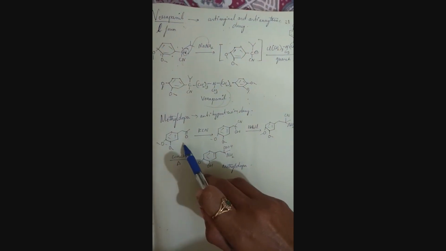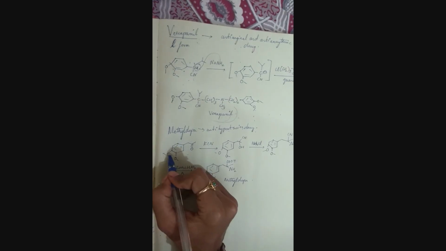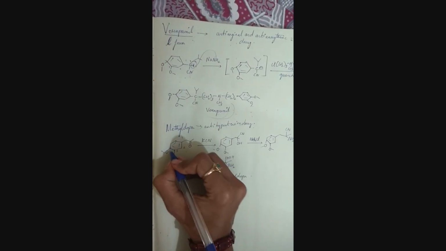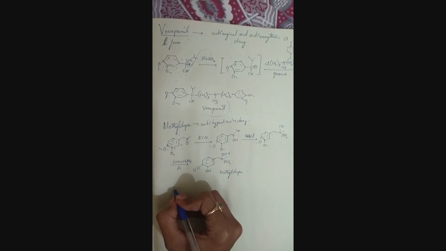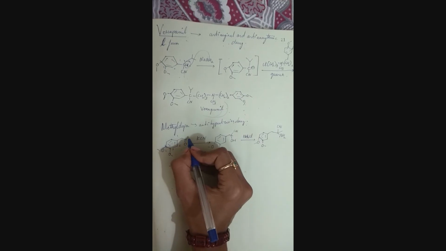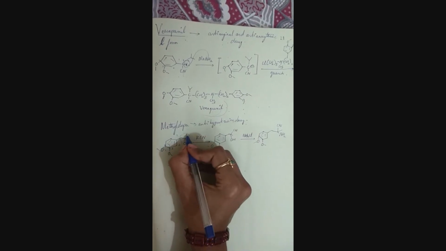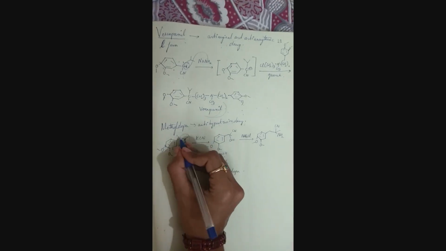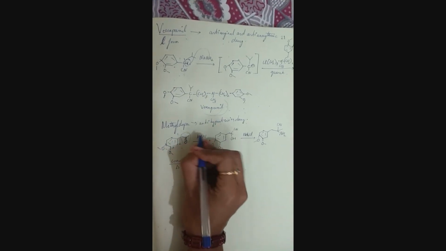So the starting material here also has two methoxy groups present. Functional groups get numbered 1, 2, 3, 4. This is a propane chain with a keto group, so propanone, and we go according to alphabetic order.